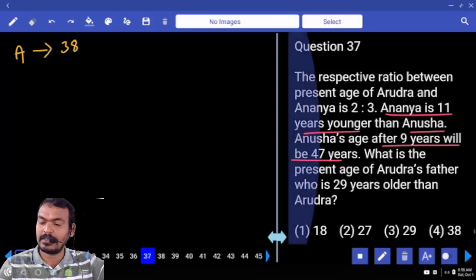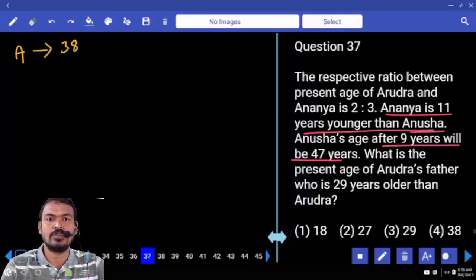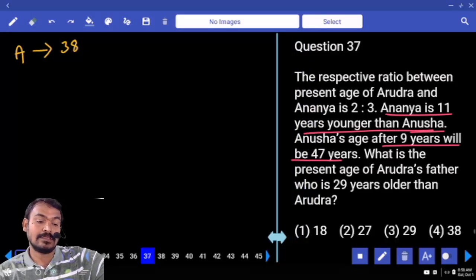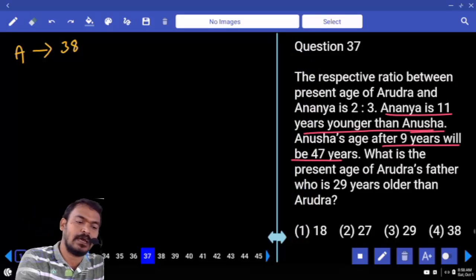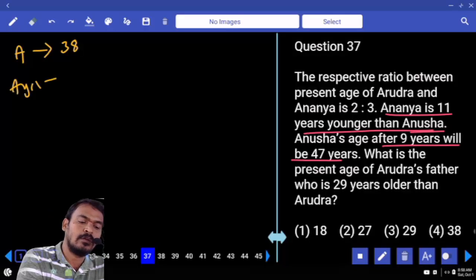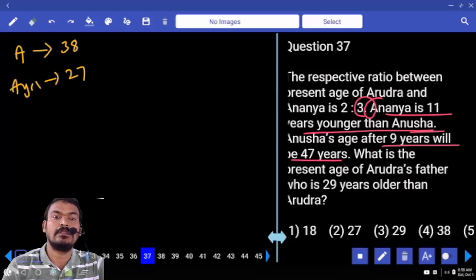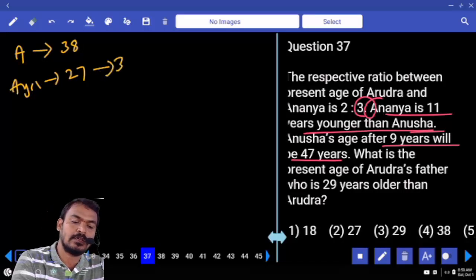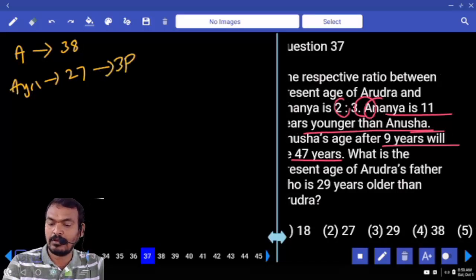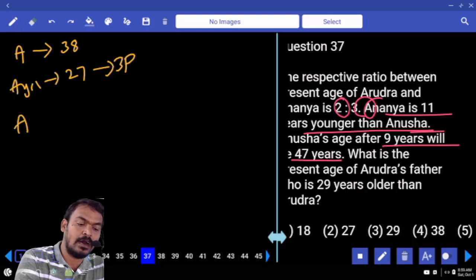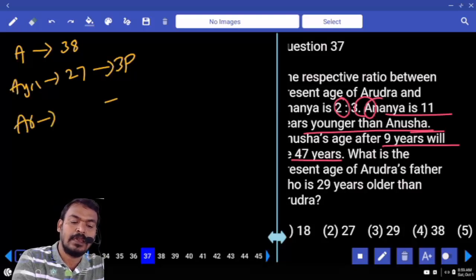Ananya is 11 years younger, so Ananya is 27. That 27 represents 3 parts. Arudra is 2 parts, which means 18 years.